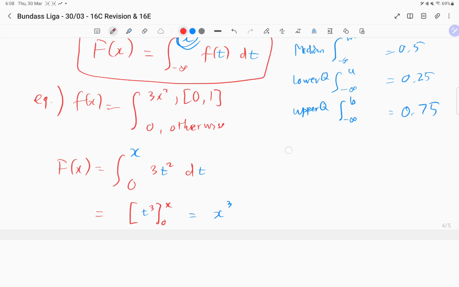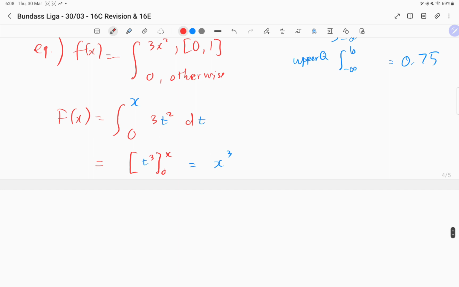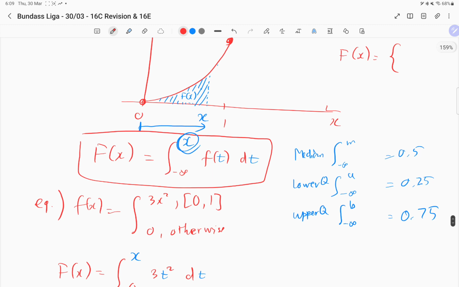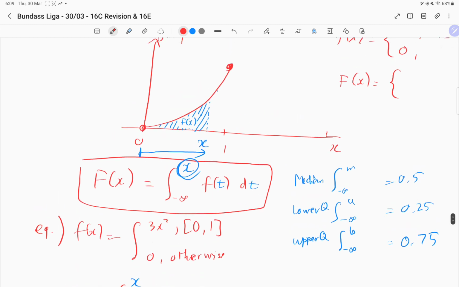Given this, you need to actually write big F of x as a piecewise function. Now this one is a little bit strange. It would be 0 if x is less than or equal to 0, because remember, the area to the left is 0. On the left side there's no area.